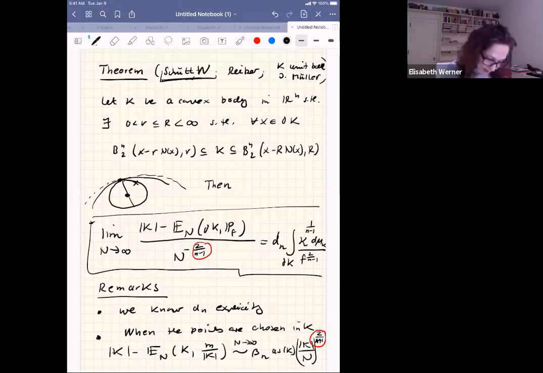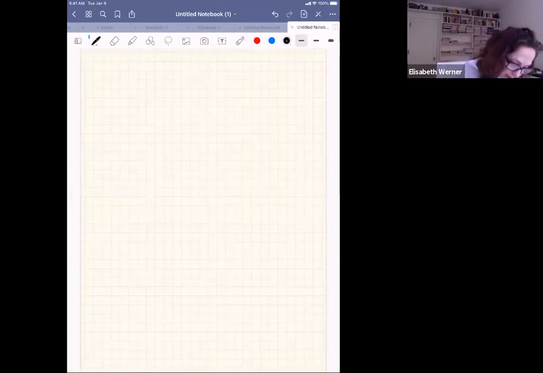Then the other thing that I want to remark on is, let's look at this quantity that we have on the right-hand side. It's a natural question to ask for which f the right-hand side is minimum.